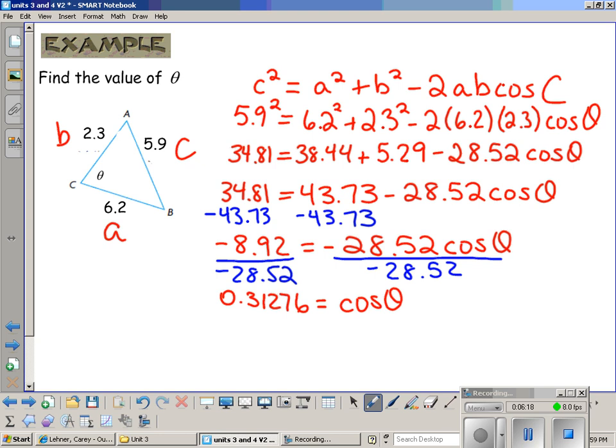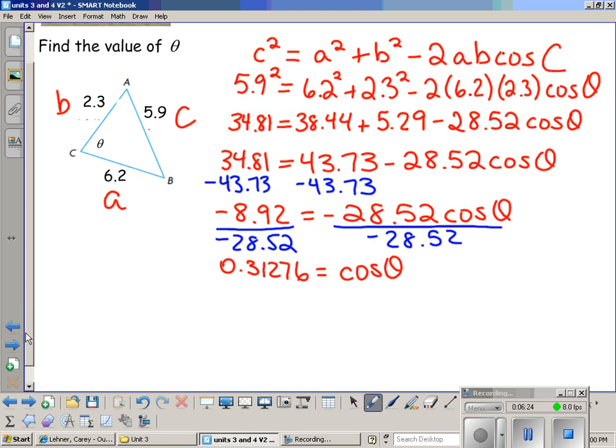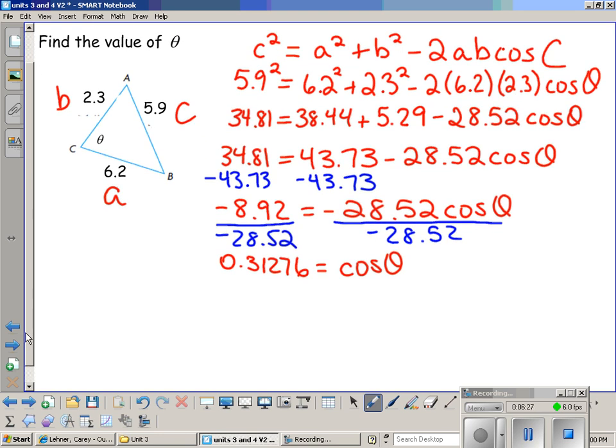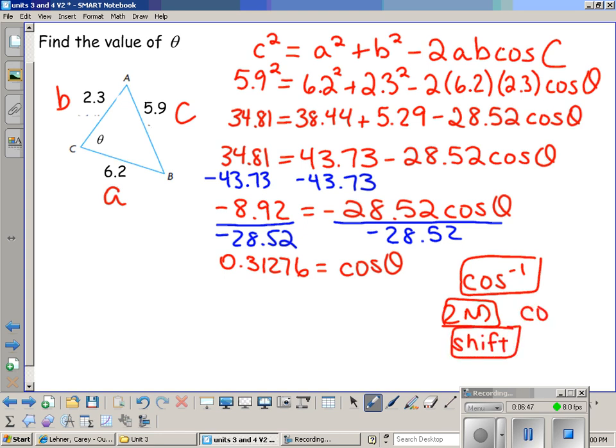Again, the more decimal places, the more accurate you'll be. Go to at least 4. Now here comes a part where we need to recall back to Math 10 when we were doing sine, cos, and tan. If you are looking for the value of theta, how do we use our calculator to find this? We need to use our inverse of cos. And a lot of times that is the second or the shift on your calculator and then your cos button.